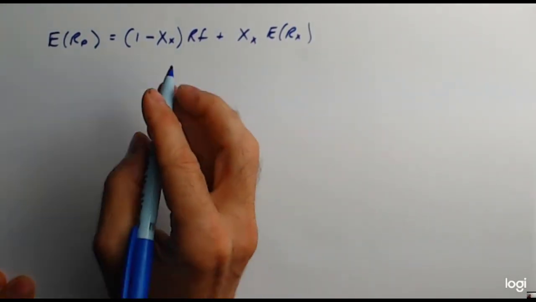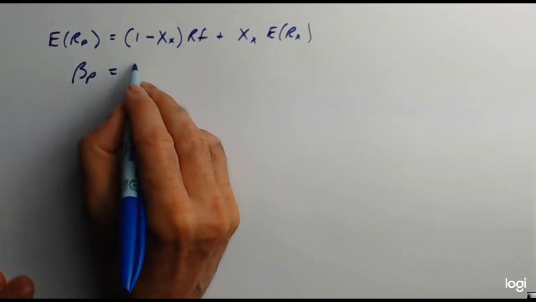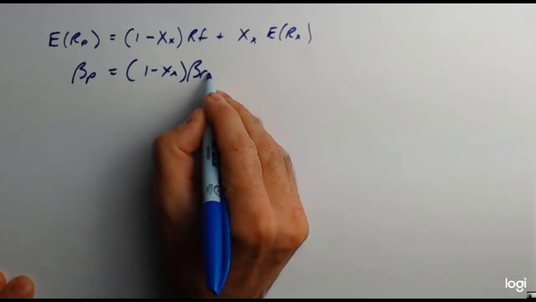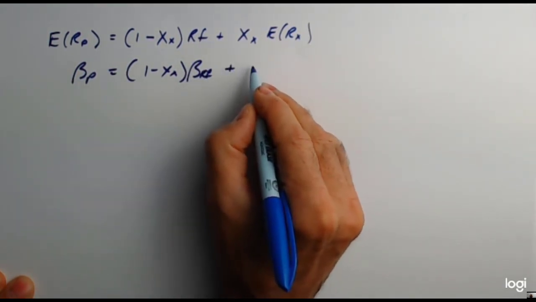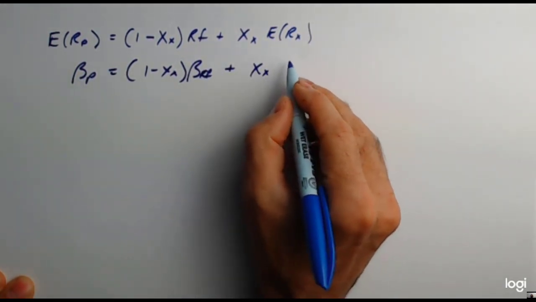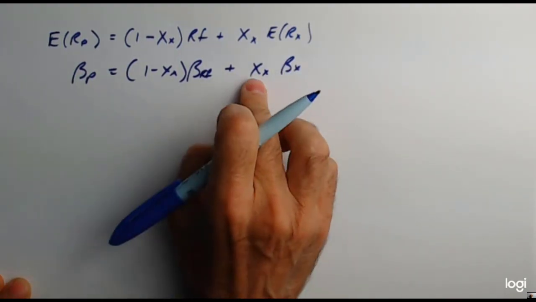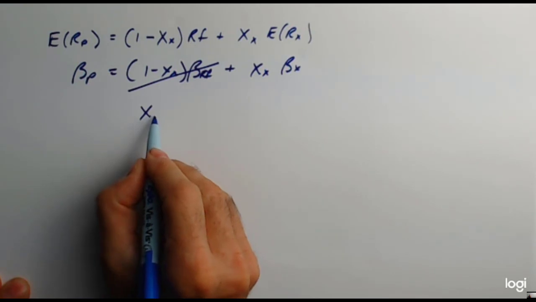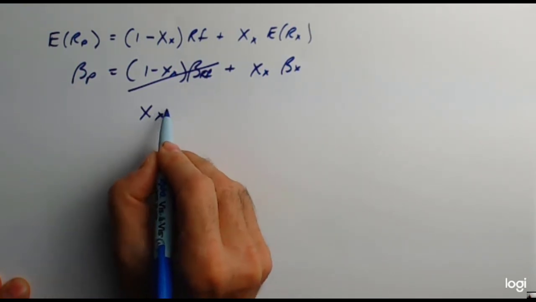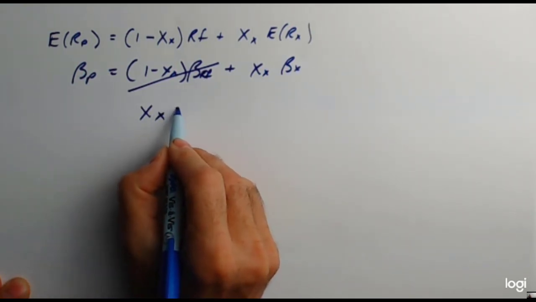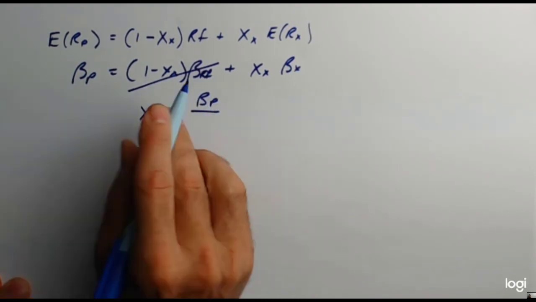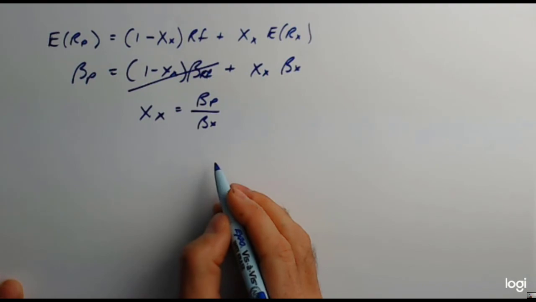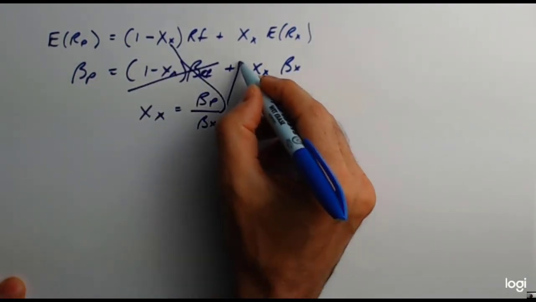So the expected return is nothing but a weighted average of the risk-free and this portfolio and this stock X. So that's our portfolio. Now the beta of this portfolio is 1 minus the weight that we have in the beta of the risk-free plus the beta of stock X weighted by X. We know this is 0, and recall that we said the weight for stock X or portfolio X is the beta of our portfolio divided by the beta of X. And we plug this in here.